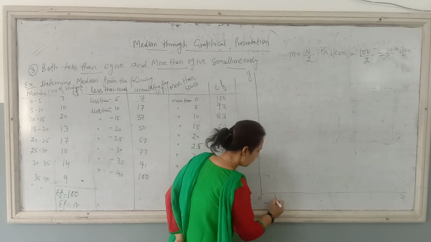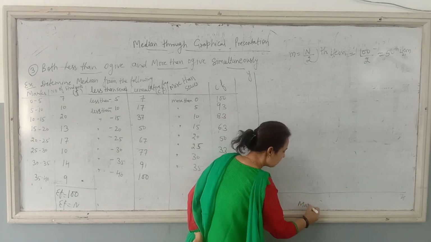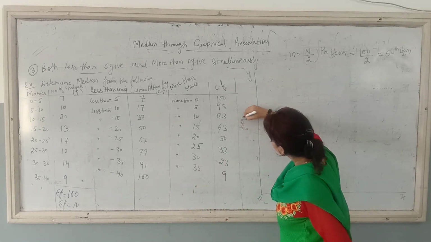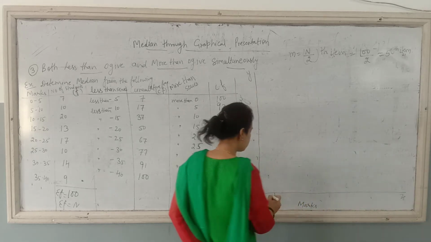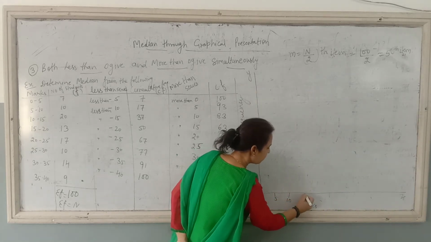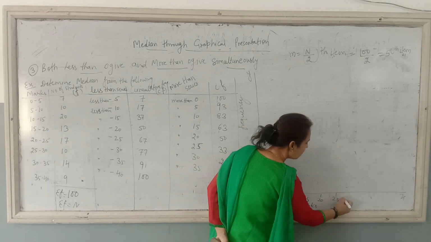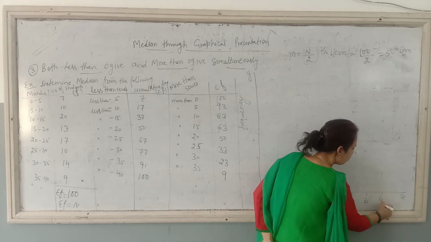On the OX axis we are going to take marks, and on the OY axis we are going to take frequency. Now write 0, 5, 10, 15, 20, 25, 30, 35 and 40.